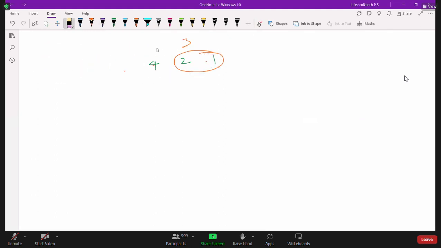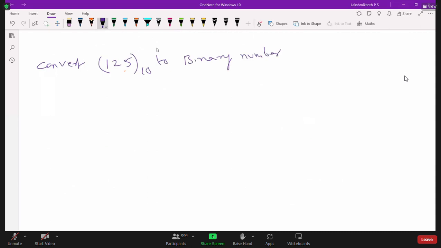So by using this also we can write if the number is nearer to powers of 2. For example, convert 125 base 10 to a binary number. So you write the place values: 1, 2, 4, 8, 16, 32, 64.